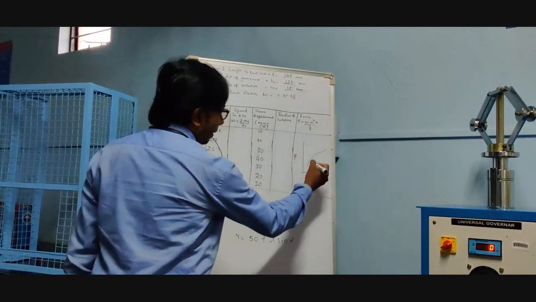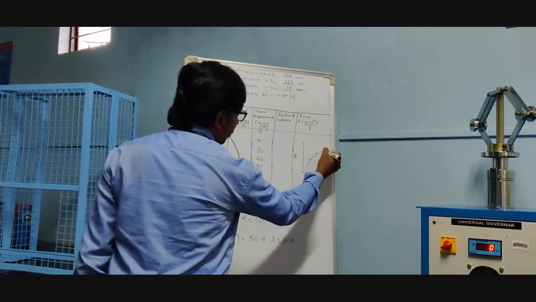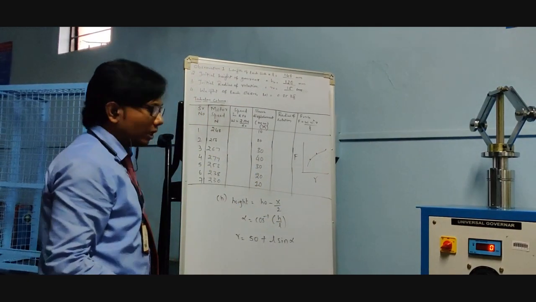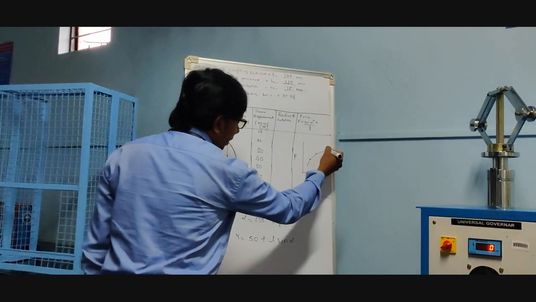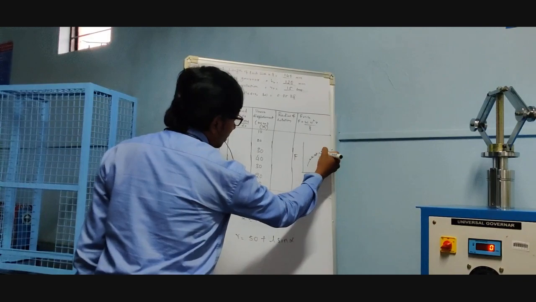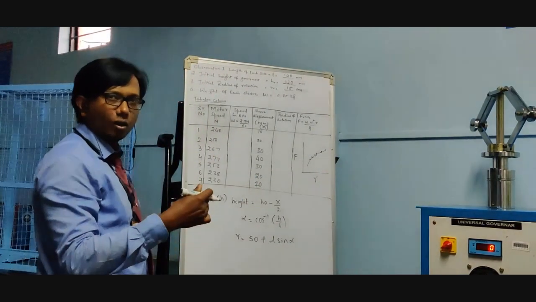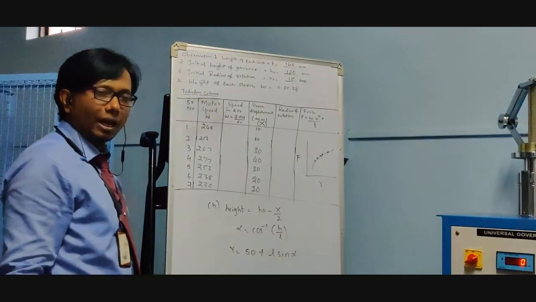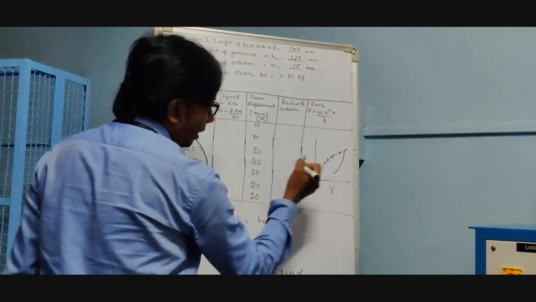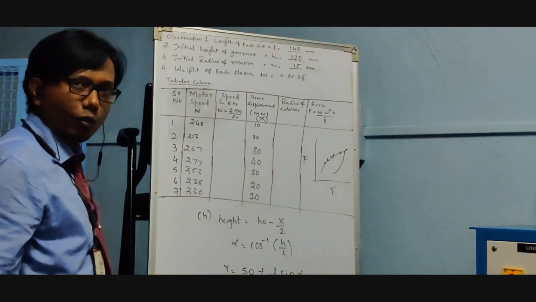When you plot these values you will get points, so you have to draw a best fit curve. Just check while coming back whether it is tracing the same path, going up along this curve, or whether it is tracing a new curve, a new path.